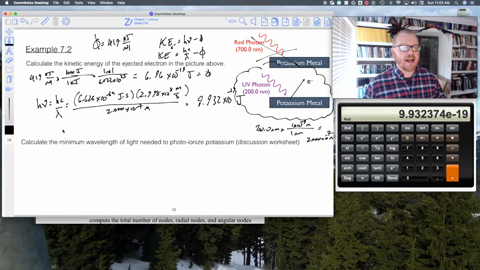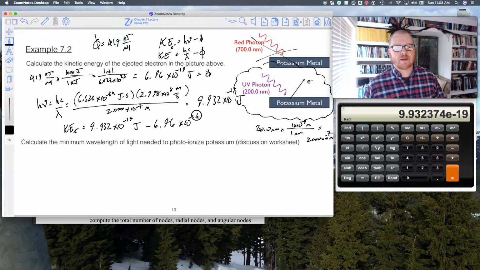And now finally, I can say the kinetic energy of the electron is going to be this quantity minus that quantity, okay? 9.932 times 10 to the minus 19 joules minus 6.96 times 10 to the minus 19 joules.